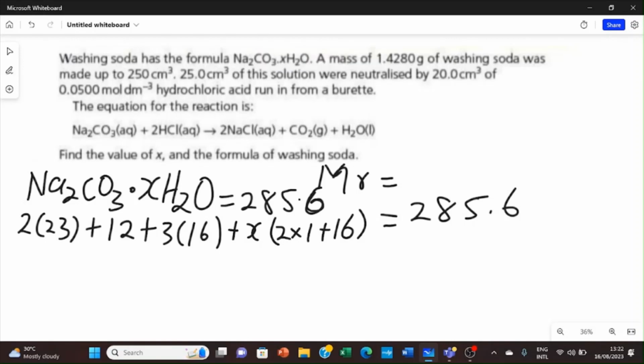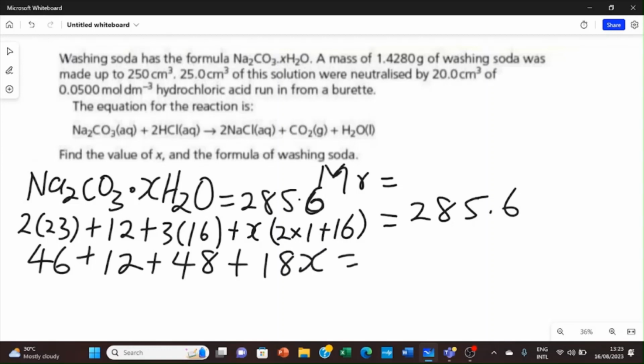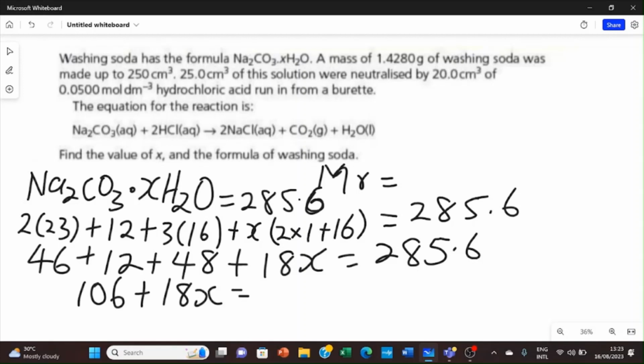So this is 46, 2 times 23 is 46, plus 12, plus 3 times 16 is 48, plus x times 2 times 1, 2 plus 16, 18, so plus 18x is equal to 285.6. So we now have 46 plus 12 plus 48, so you have 106 plus 18x is equal to 285.6.